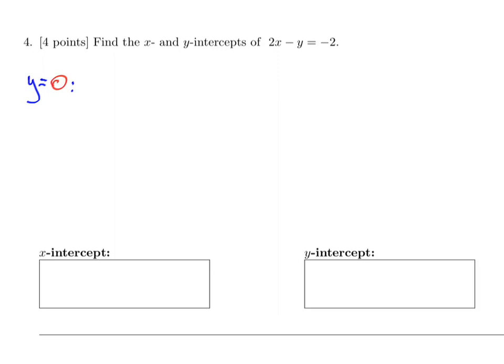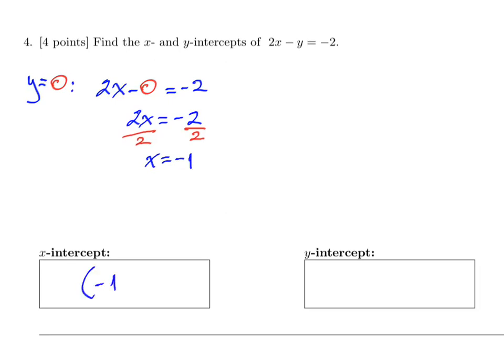So we plug in y equals 0, and we get 2x minus 0 equals negative 2, or 2x equals negative 2. Divide both sides by 2, and you get x equals negative 1. So our x-intercept is the point negative 1, 0.